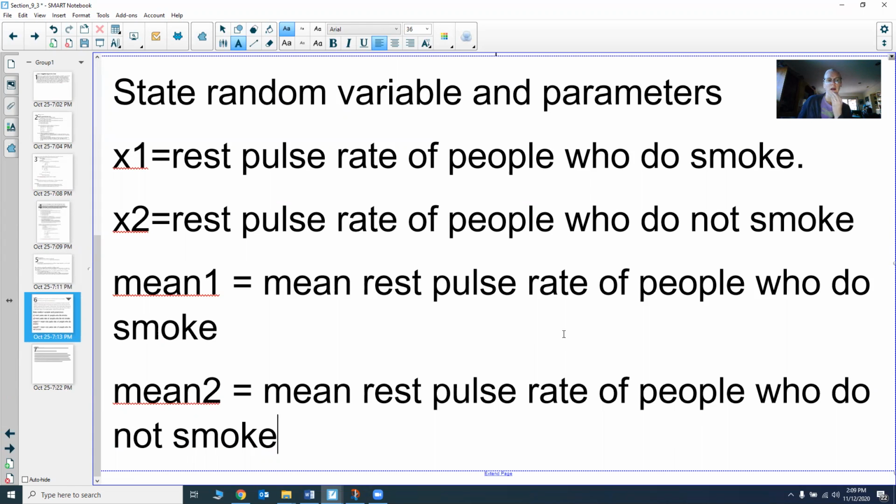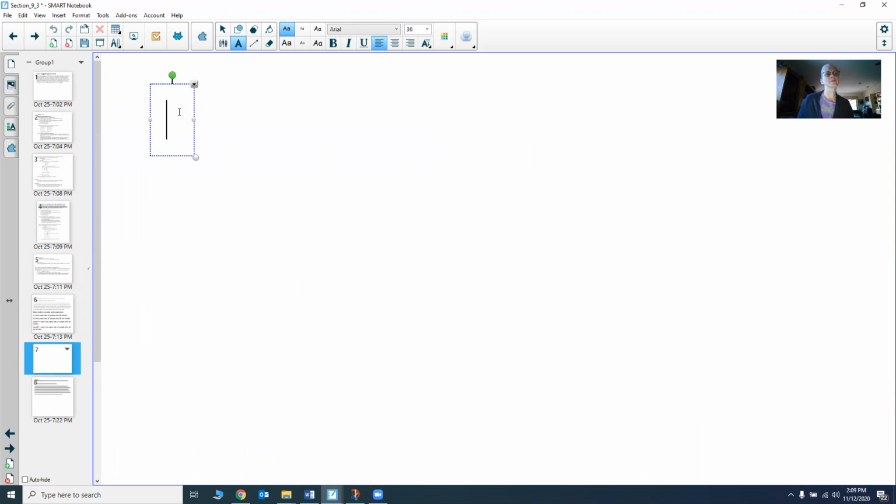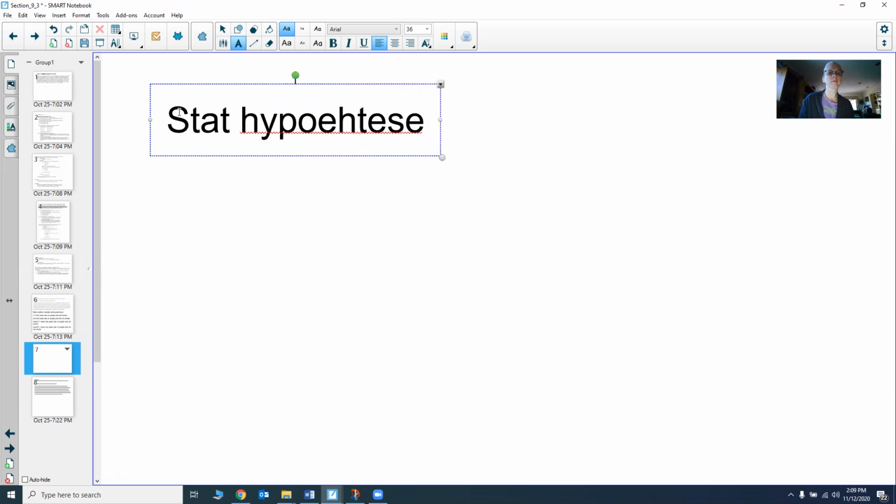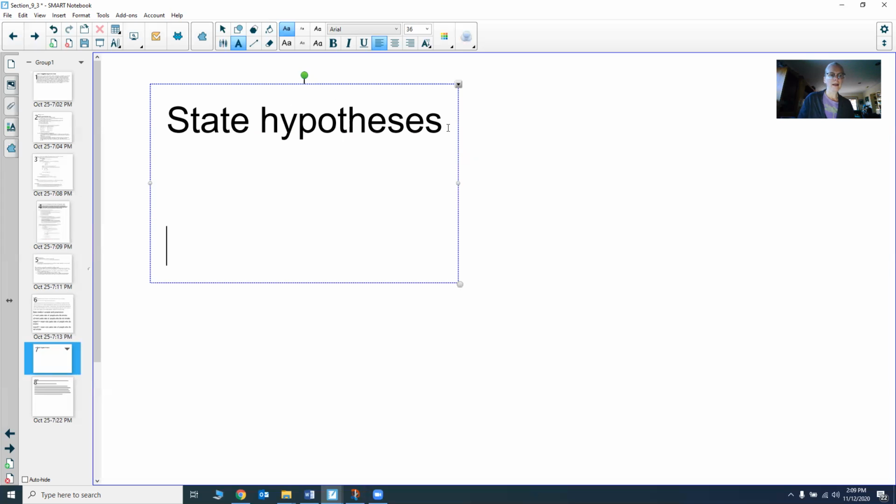Okay. All right, so now our next step is to do the assumptions. Well, let's do the hypothesis test first, the hypotheses. So we're going to state the hypotheses. Again, we have an H0 and an HA. I prefer to do HA first.